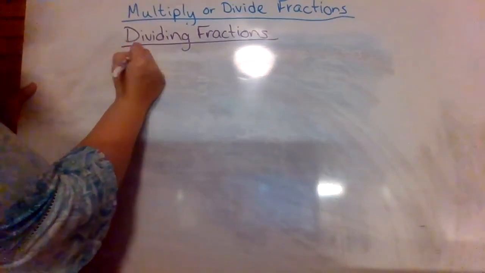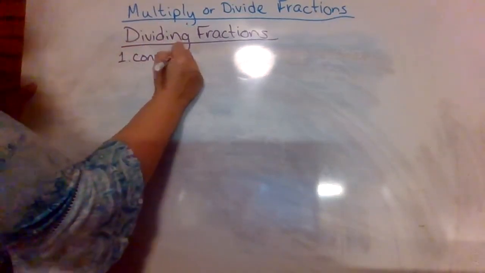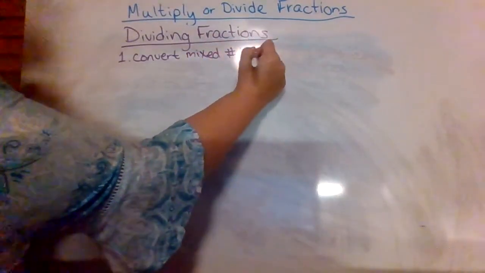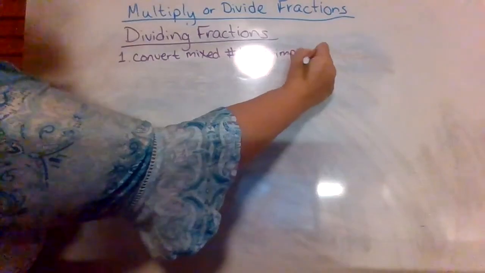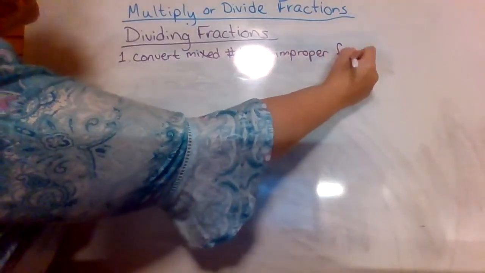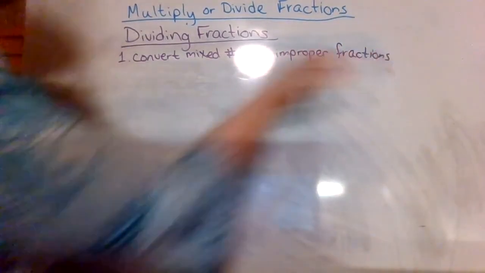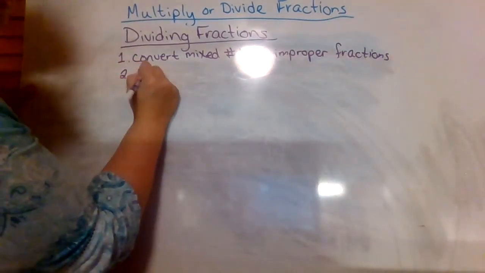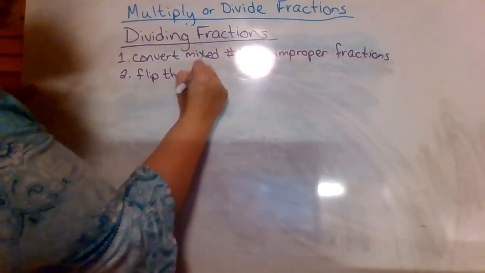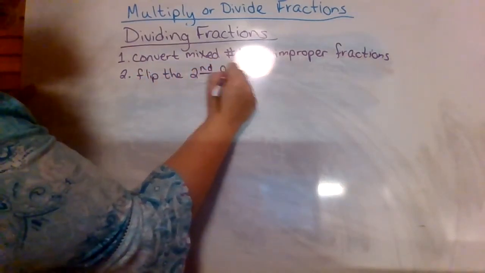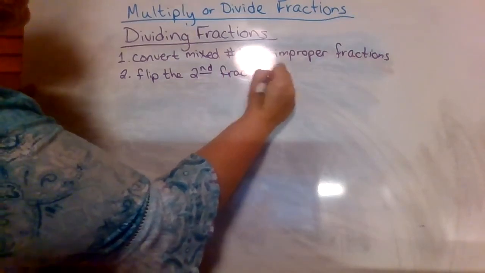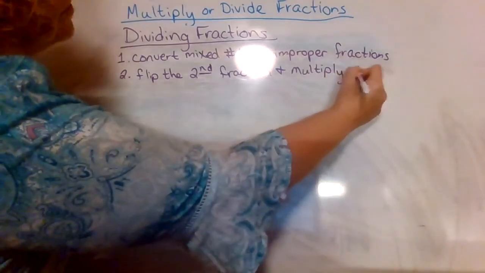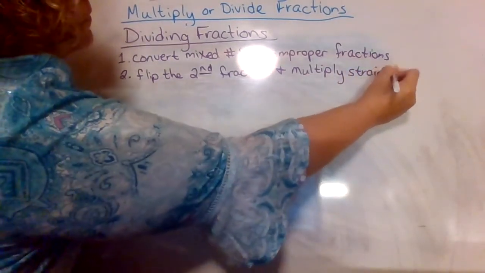I'll tell you what, let's do this. So we're going to convert mixed numbers to improper fractions. Then the second thing you're going to do is flip the second fraction and multiply straight across, just like we did a minute ago.